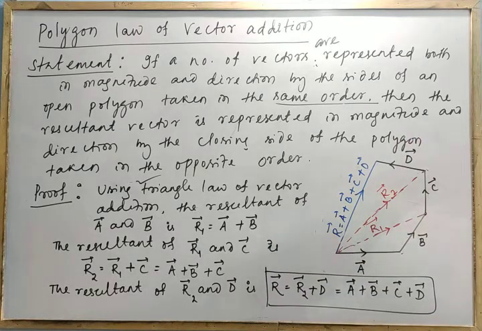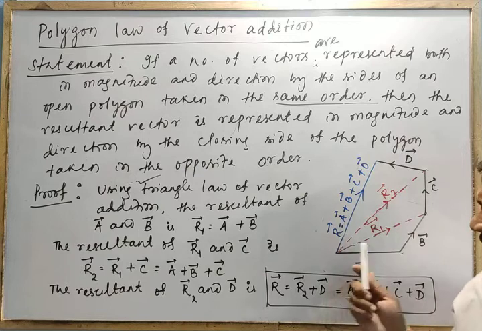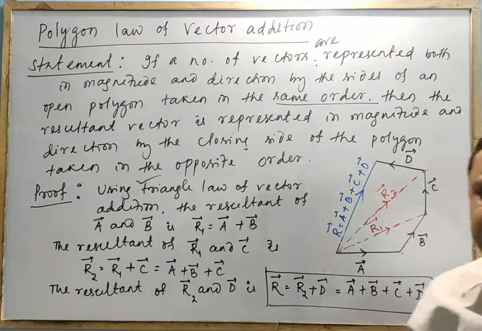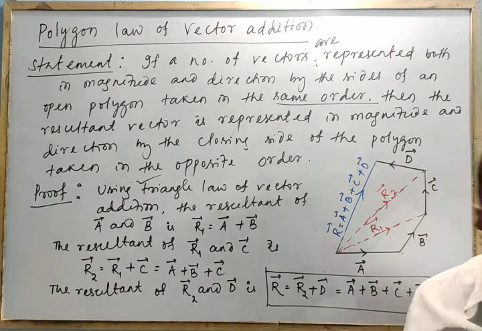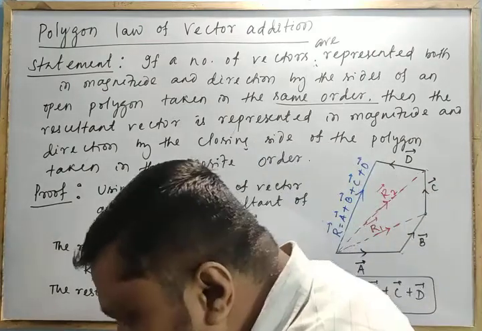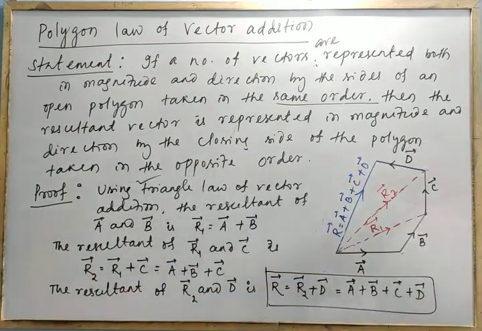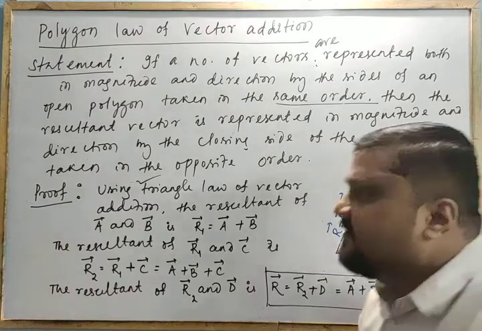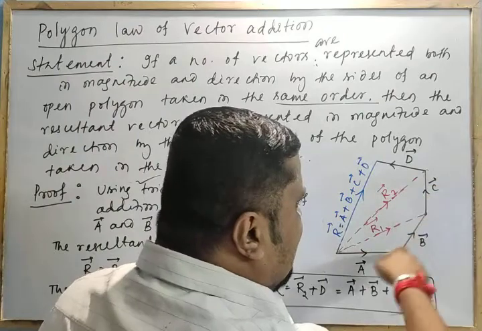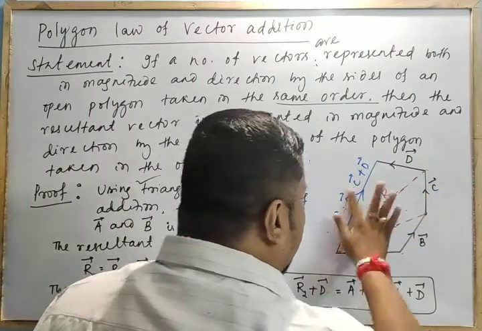Now, if a number of vectors are represented by the sides of a closed polygon taken in the same order, then what will be the resultant? Are you getting my point?